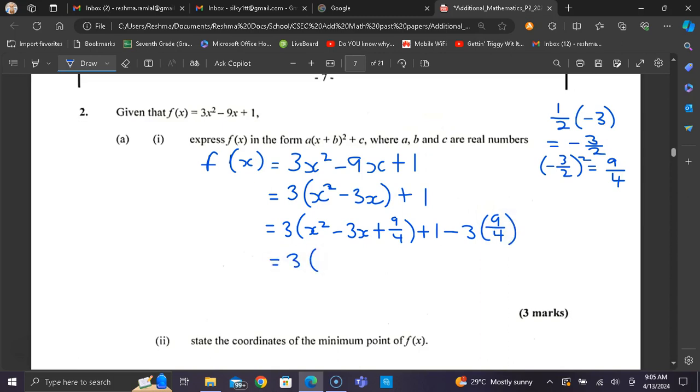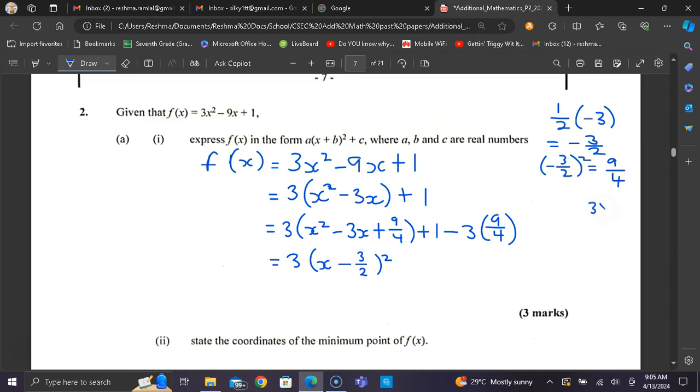So the part in brackets now becomes a perfect square, which is in the form a squared minus 2ab plus b squared, which would factorize to a perfect square, a minus b all squared. So in this case, we have x, and the value that goes inside the brackets would be when we took half the coefficient of x, so negative 3 over 2. Alright, so all we have to do is work out the last part, 1 minus 3 times 9 over 4.